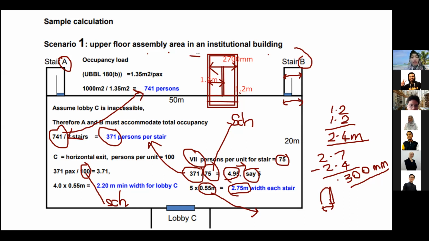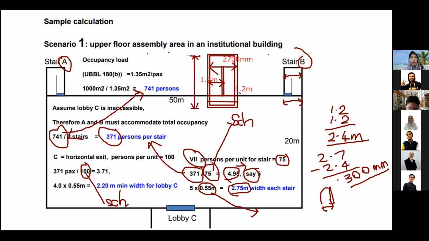Okay, if you don't understand this, it will affect your drawings. You are designing a very small staircase that people cannot use. Okay, another thing. Sorry, faculty called me. So this is why you have to calculate also.